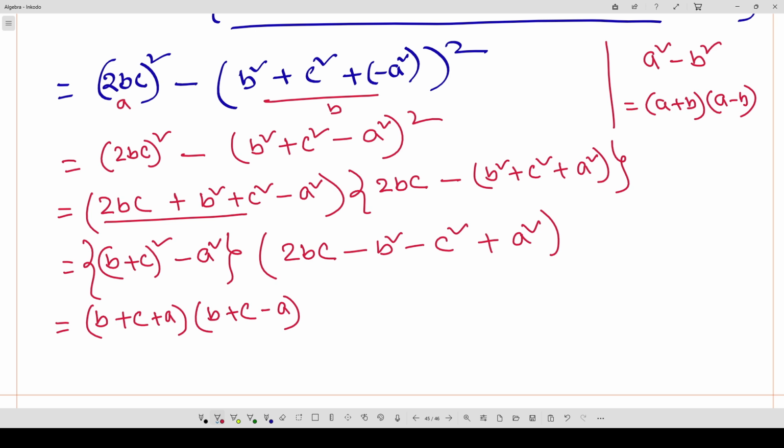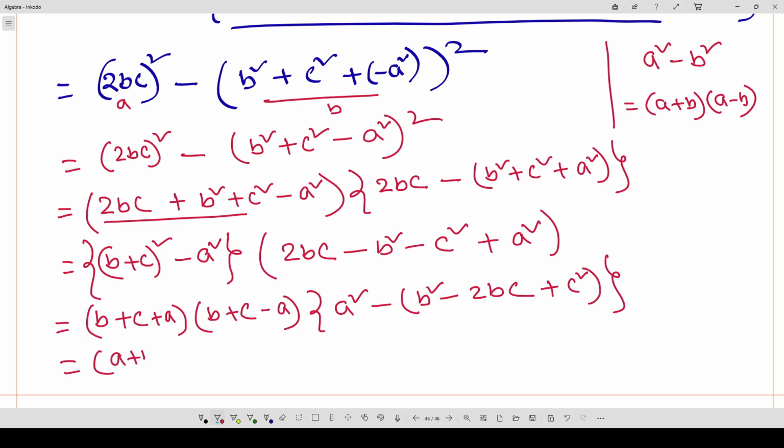This one, if we take common minus, it means here is a², then from here if we take common minus, it will be b² − 2bc + c², right? Now it's (a + b + c), and this one is (b + c − a), and here is again one formula, a² minus this one, (b − c)².